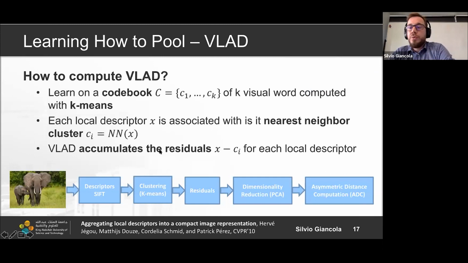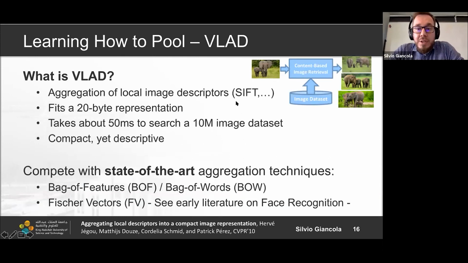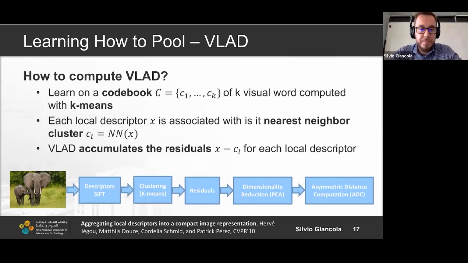Now, how to compute VLAD? How do you define this vector of locally aggregated descriptors? Because you have an aggregation of many local descriptors, you actually have a set of specific features that you want to put together to learn something from.